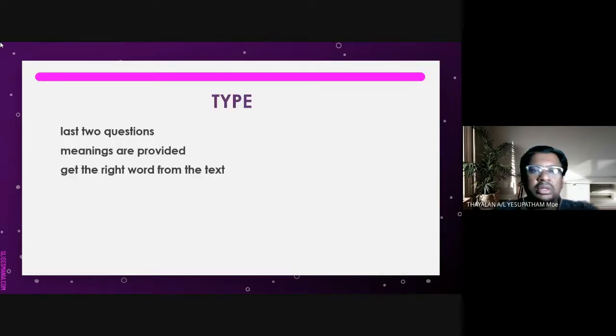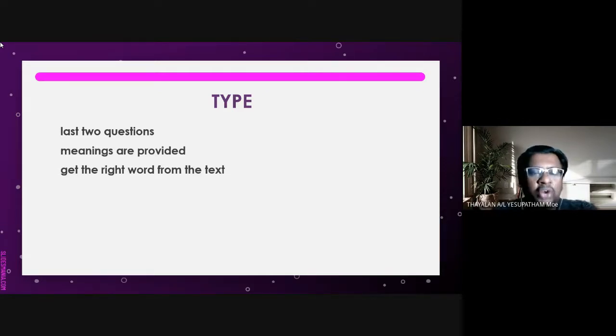Now, the type. These will be the last two questions under part 4. The meanings are provided. Normally, we would give you the word and you will be asked to find the meaning. But in this situation, for these two questions, the meanings of the words are given.